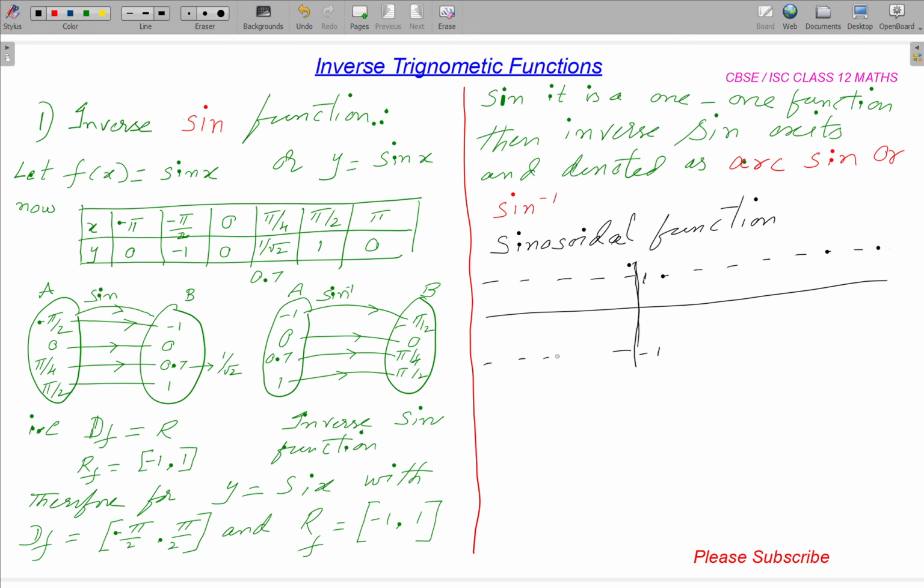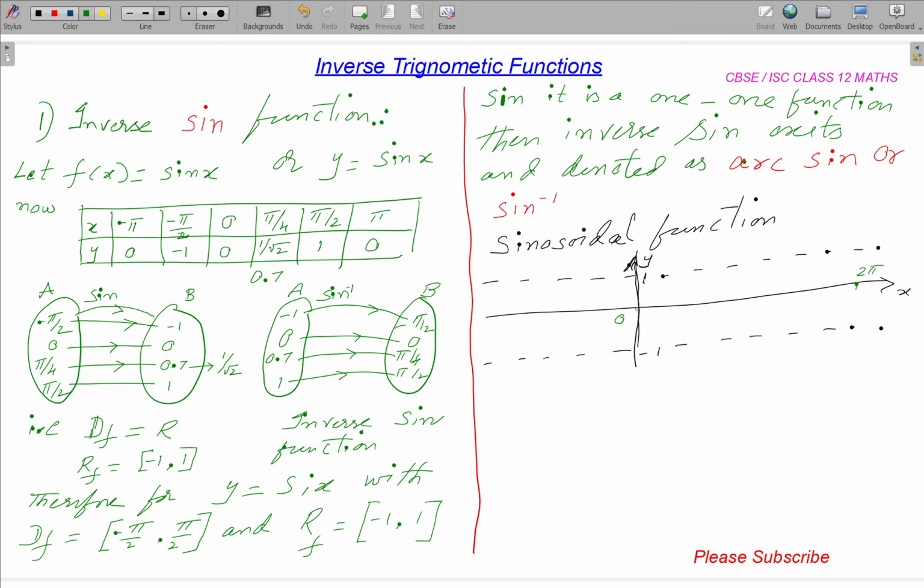Now putting the values on the xy axis. This is the y axis. Now the graph starts from 0 to 2 pi.